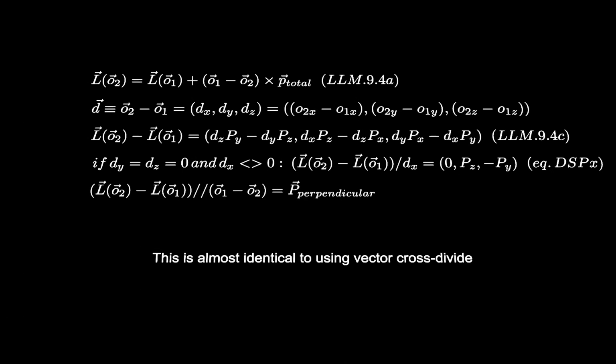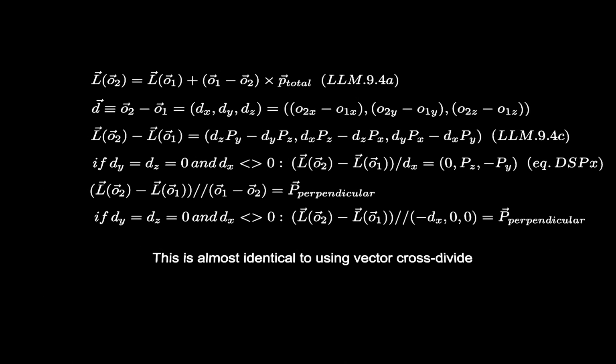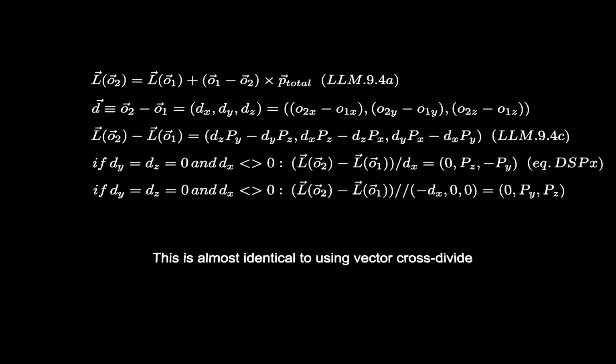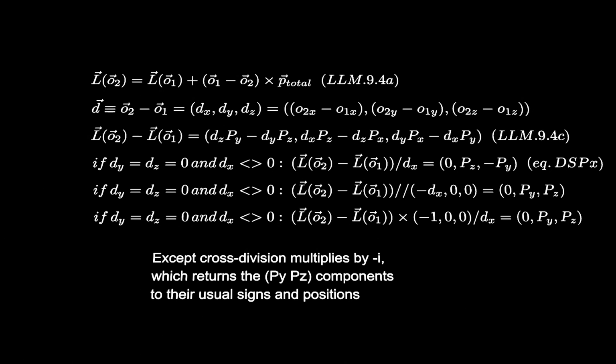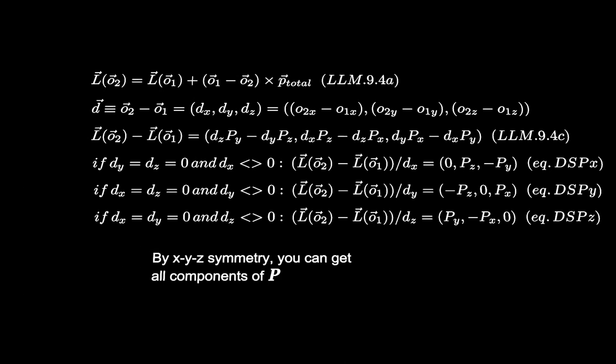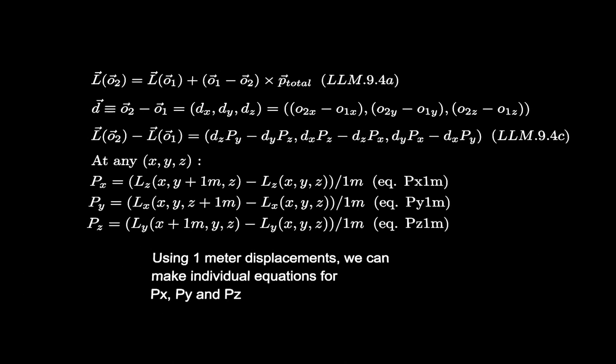This is almost identical to using vector cross divide, except cross division multiplies by minus i, which returns the components to their usual signs and positions. By XYZ symmetry, you can get all components of p. Using 1 meter displacements, we can make individual equations for px, py, and pz.